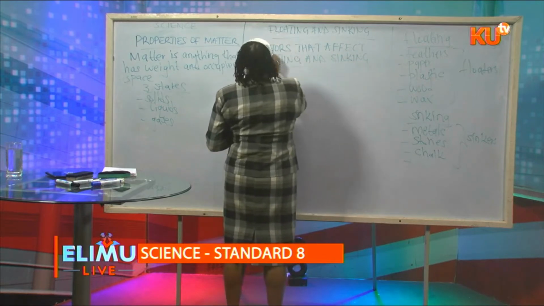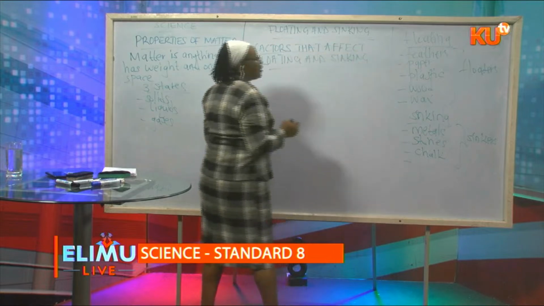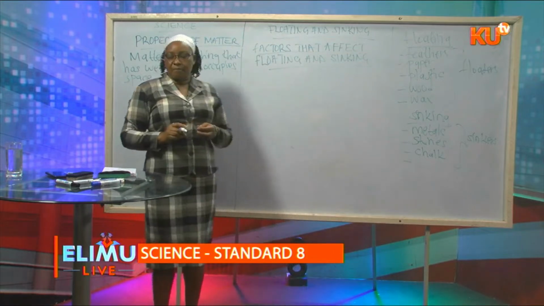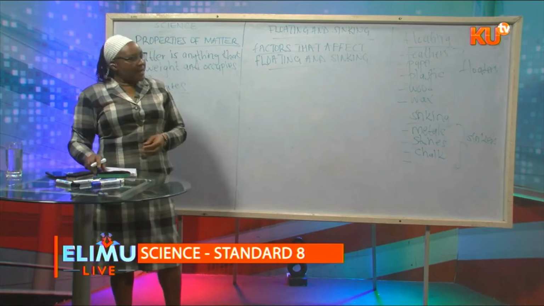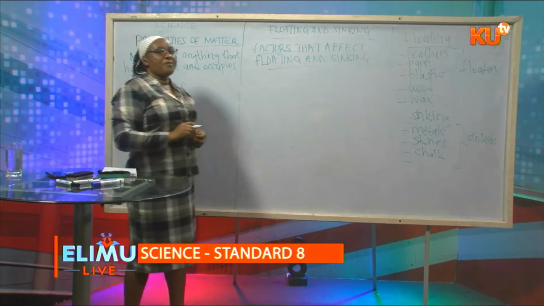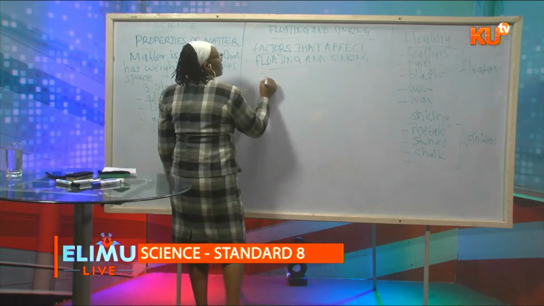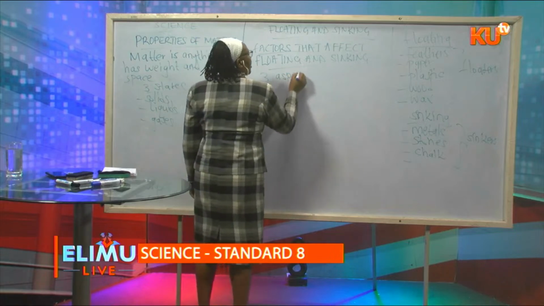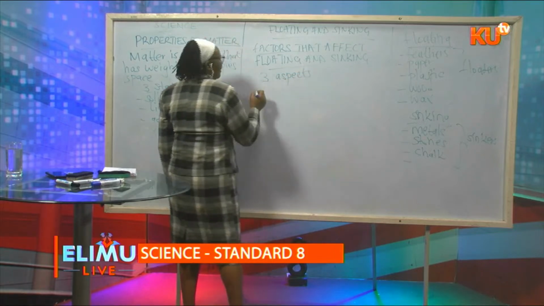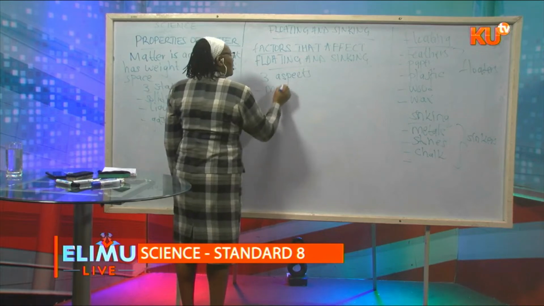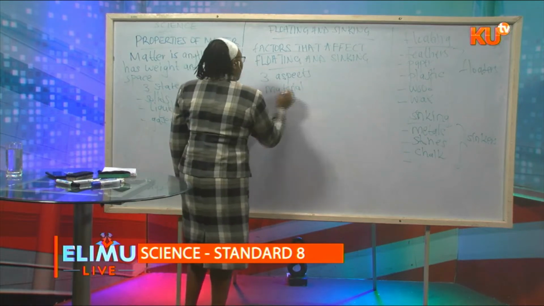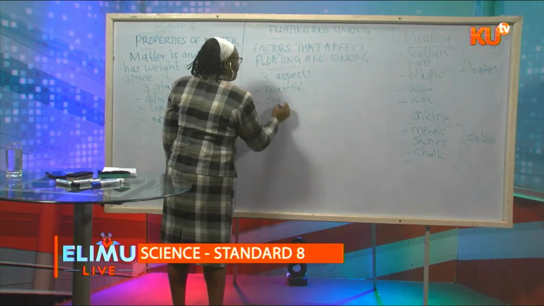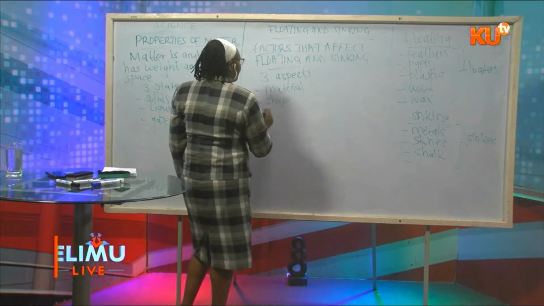Now we have three aspects that we usually investigate. In our experiments on this topic, we investigate three aspects, and these aspects are material, shape, and size.